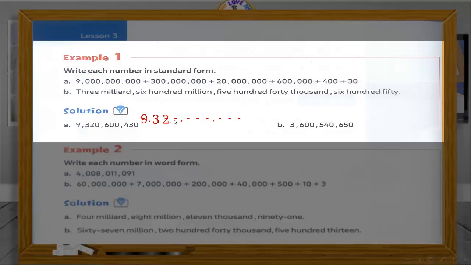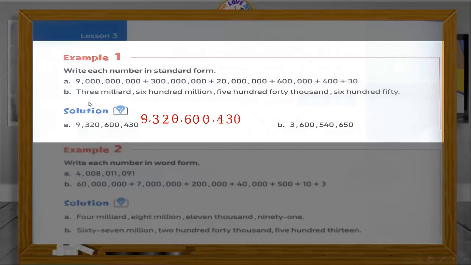But here, what do we write? Nothing, write 0. 600,000, write 6 in the 100,000 place. 400 here in the hundreds place, and here what do we write? 0, 0. 4, 30, write 3, and in the ones place write 0.